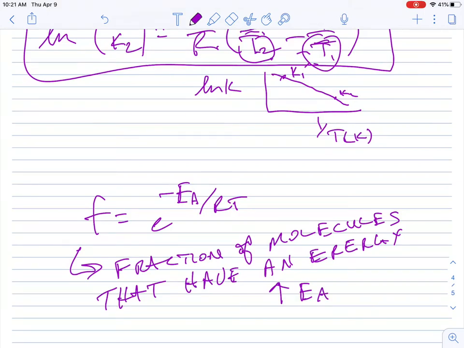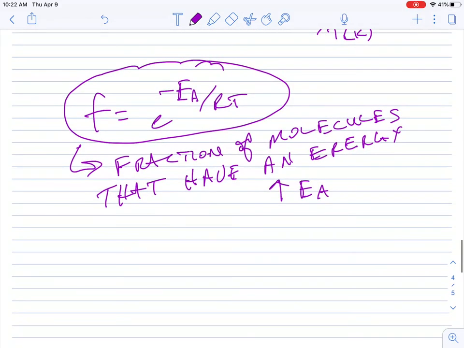Okay, so here's what this is, and again, do not memorize this equation. All this is telling you is that at a certain temperature, what collisions are above a certain threshold. Okay, that's all that's telling you. So let me work through some examples.